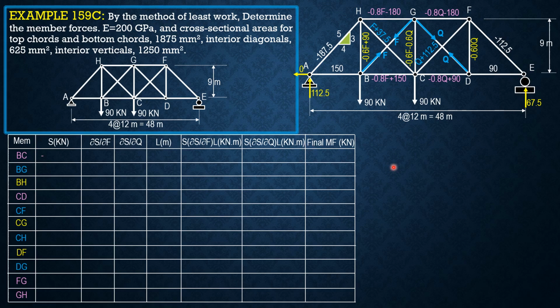So for BC, the force you just transfer, then the derivative with respect to Q is negative 0.8, the length of BC is 12, then the product, and here it's 0.